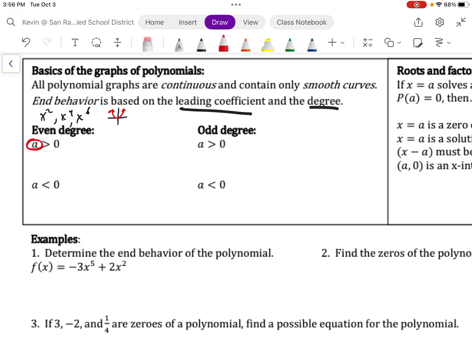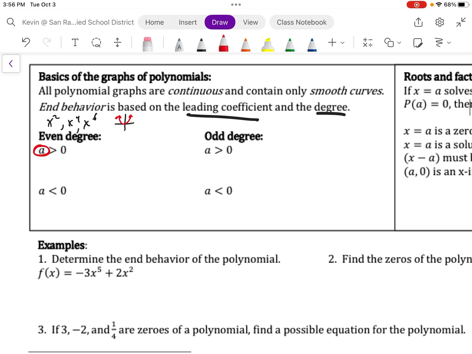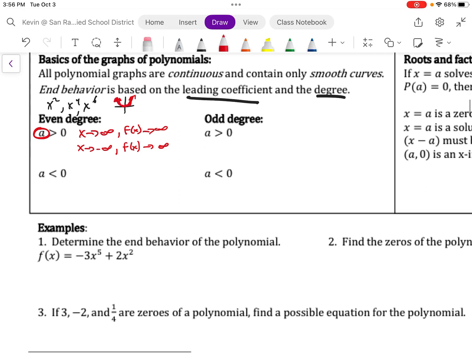So if it's an even degree with positive a, then as x heads towards infinity, as x gets bigger, f of x, or our y values, also get larger, heading towards infinity. And as x heads towards negative infinity, gets smaller, f of x, or our y values, still continue to get larger.